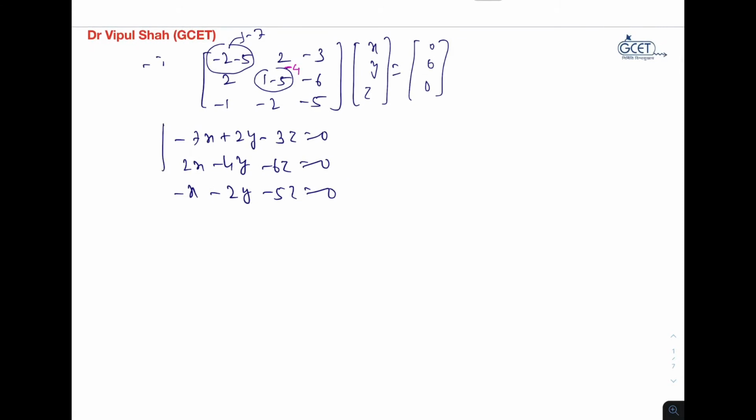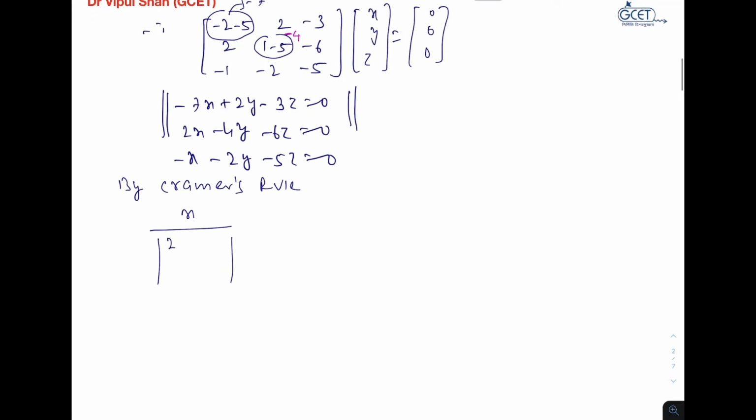We can consider any two equations. Say let us consider these two, and we apply the Cramer's rule. So that is x over, now coefficient of y and z here. So we write this as 2, minus 3, minus 4, minus 6, equal to minus y, the coefficient of x and z.